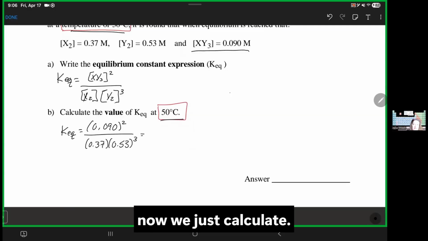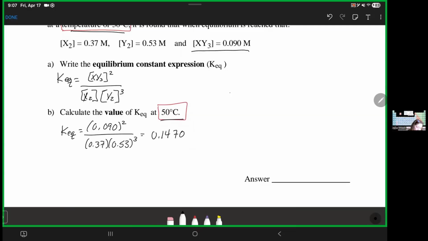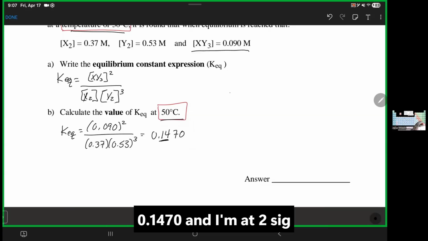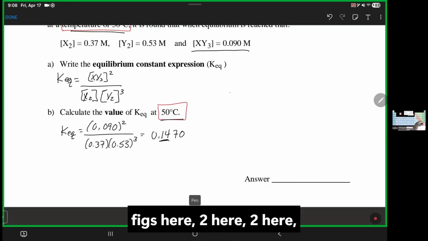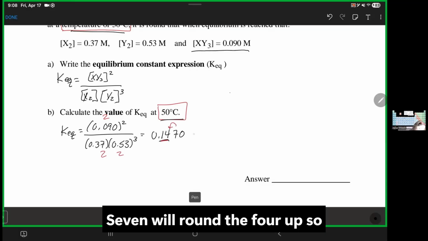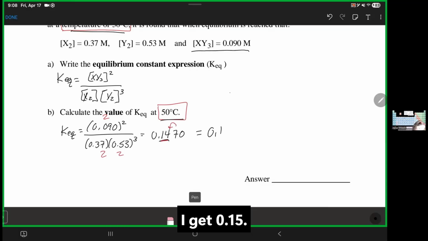And now we just calculate that. And when I calculate that, I get 0.1470, and I'm at 2 sig figs here, 2 here, 2 here, so 2 in my answer. The 7 will round the 4 up, so I get 0.15.